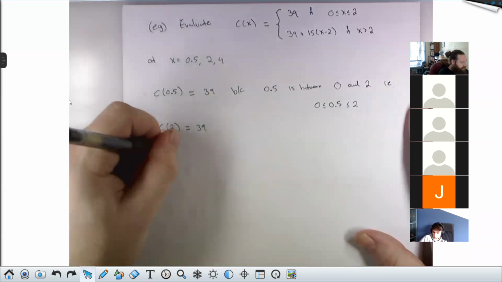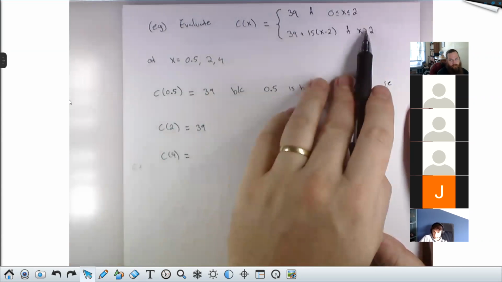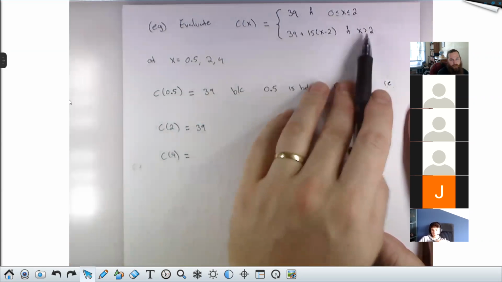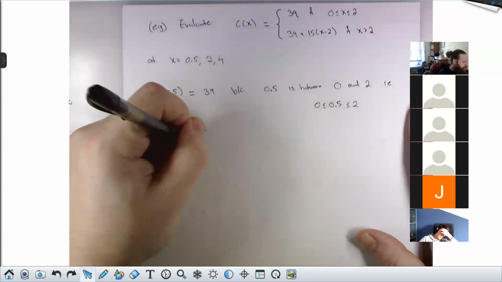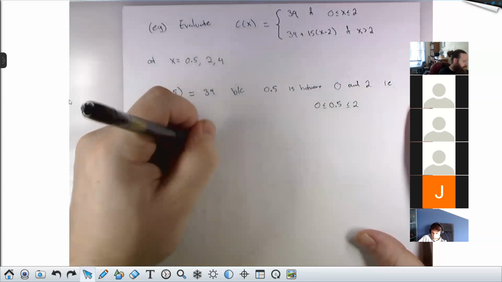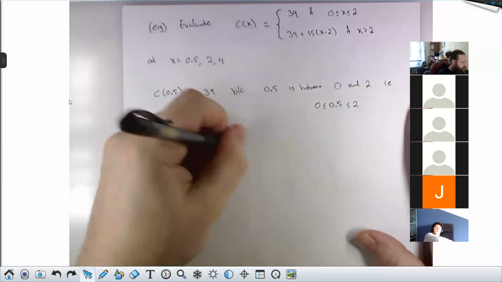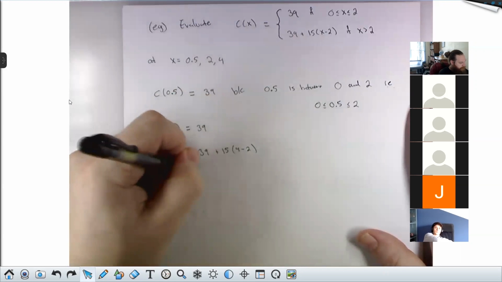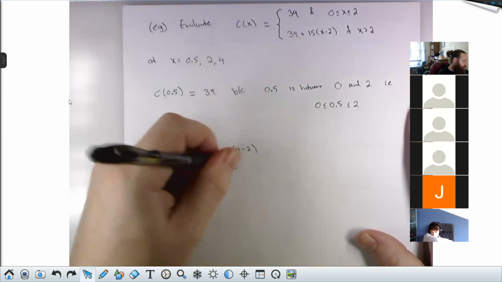Finally, c of 4. I need to check which one of these does x equals 4 satisfy. 4 is not between 0 and 2, but 4 is bigger than 2. So I'll use this formula. That means the output here would be 39 plus 15 times 4 minus 2, which is 39 plus 15 times 2.